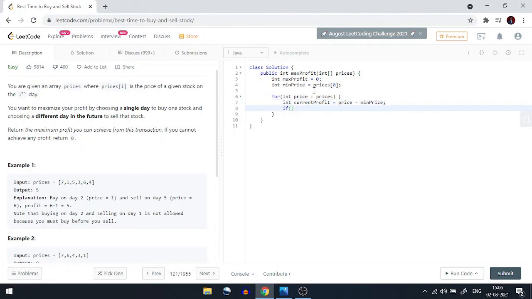Now we'll check if current profit is greater than maximum profit, then we will update our maximum profit. So maximum profit will become current profit.